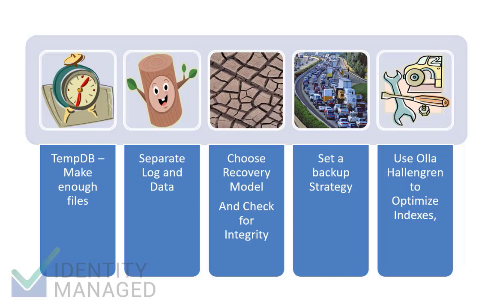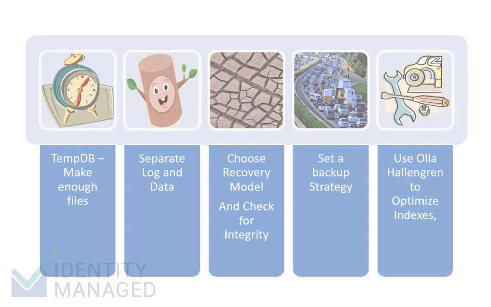Set up an appropriate backup strategy that's going to include fulls and either diffs or logs. If you're doing full recovery model or bulk logged recovery model, it must include logs. You must do log backups. And finally, use the Ola Hallengren solution to optimize your indexes and to take care of the rest of these things for you, the integrity checks and the backups.